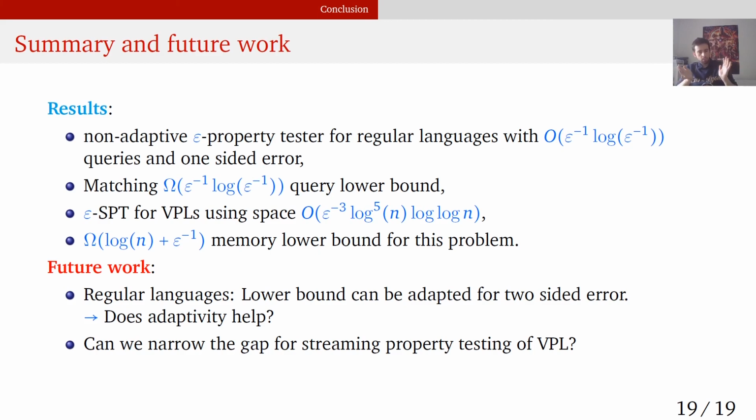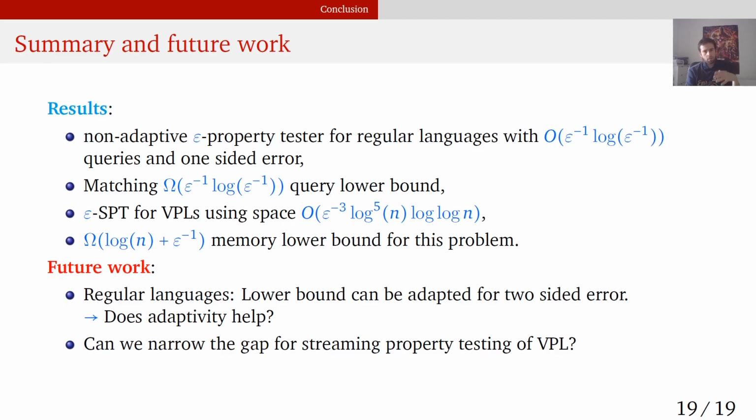And so this seems to ask whether adaptivity can help here. The question would be either to prove that the lower bound also holds for adaptive algorithms, or to actually find an adaptive algorithm that solves the problem with fewer queries, for example, one over epsilon queries. I think that's a non-trivial and really interesting question.